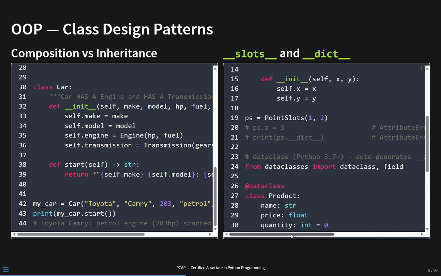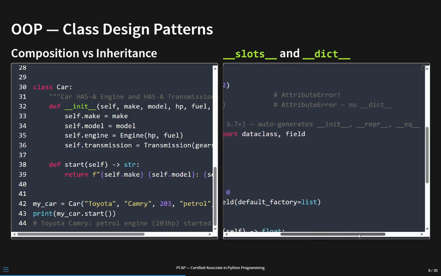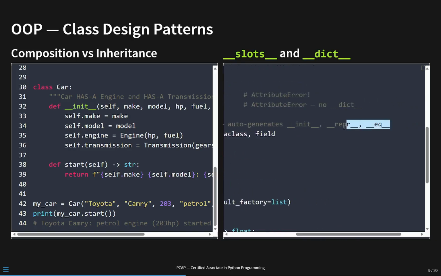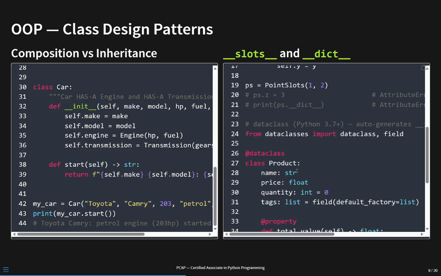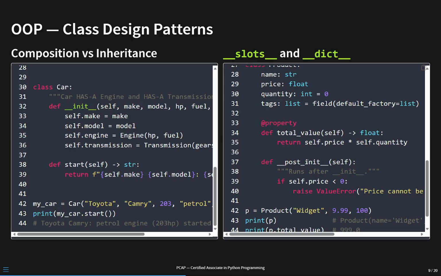@dataclass, the Python 3.7 decorator that auto-generates __init__, __repr__, and __eq__ based on class annotations. field(default_factory=list) creates a fresh list for each instance, solving the mutable default argument problem automatically. __post_init__ runs after the generated __init__ completes.